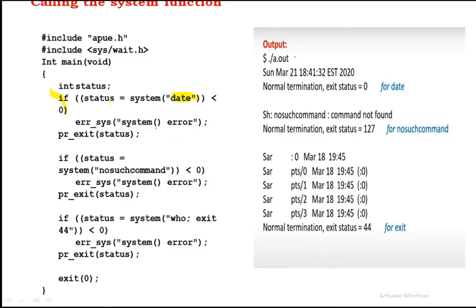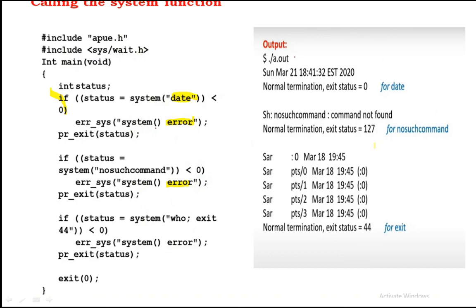If the status variable is less than 0, you are going to display the error, then exit, displaying the status of that particular command. Then the second command you are executing, status equal to system of no such command; if it is less than 0 you are going to display the error. Then the third command, who and exit 44, you are going to execute. If any errors are there, they will be displayed.